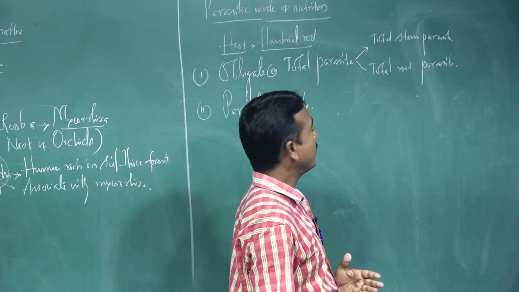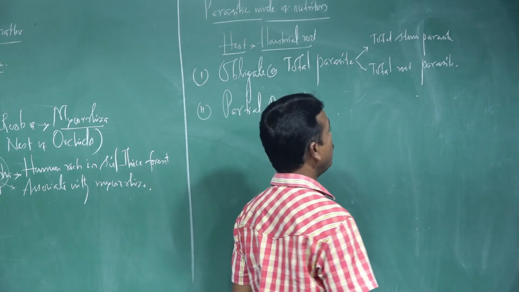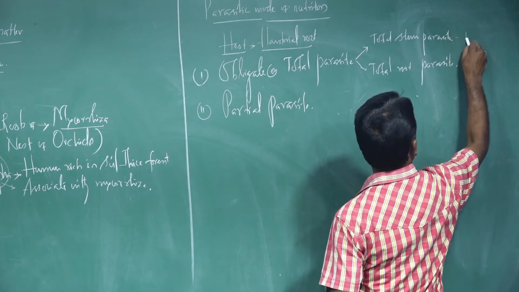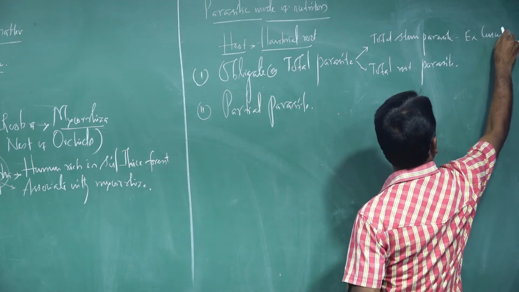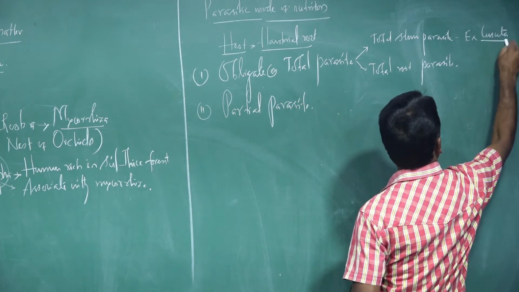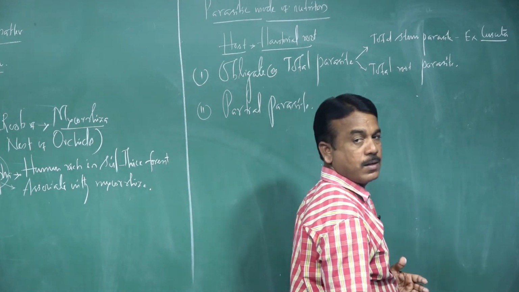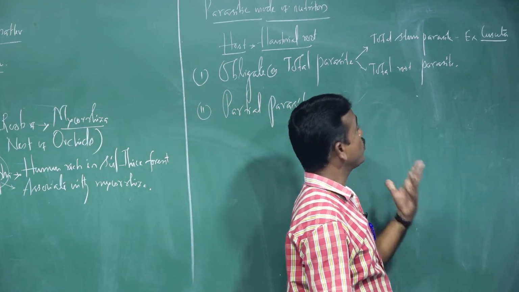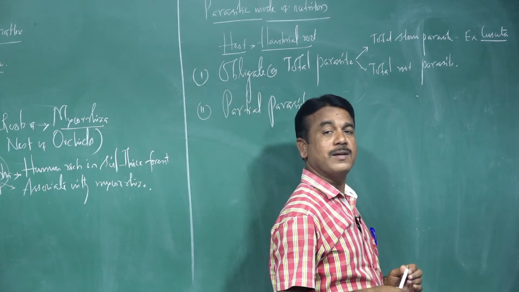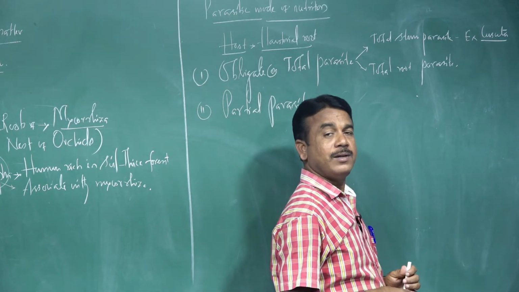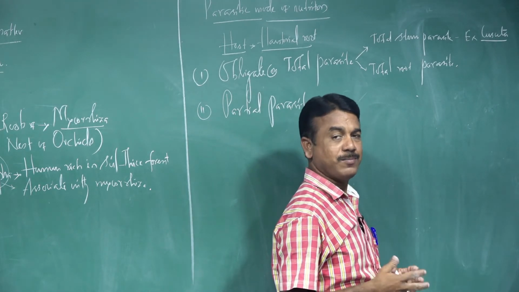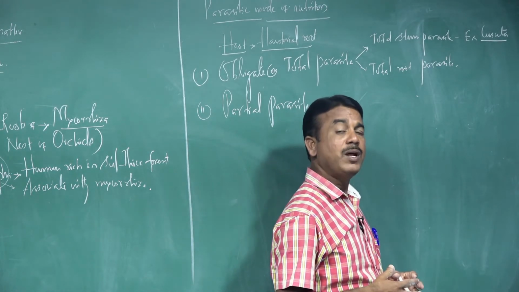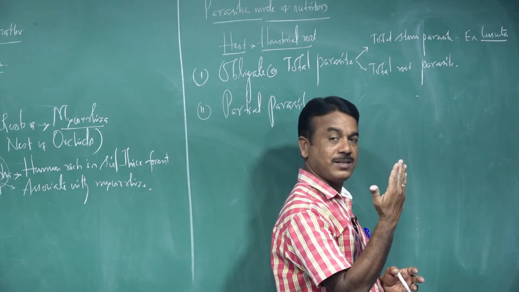What is an example of a total stem parasite? The example is Cuscuta. What is the speciality of Cuscuta? It has a weak as well as colorless stem. The stem cannot be erect.